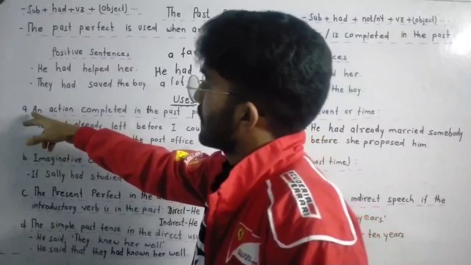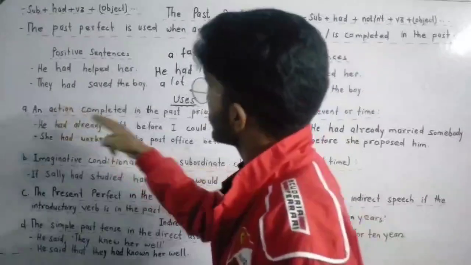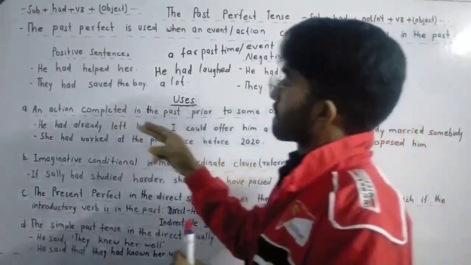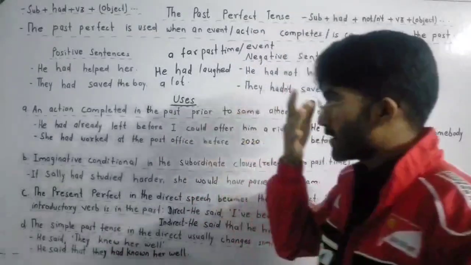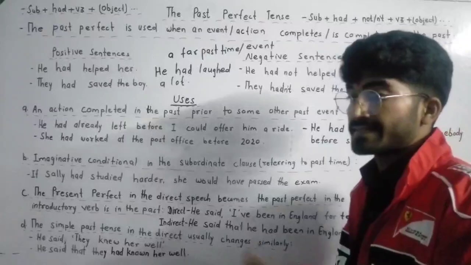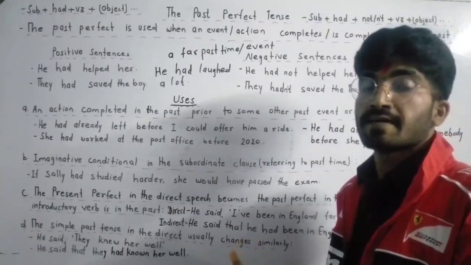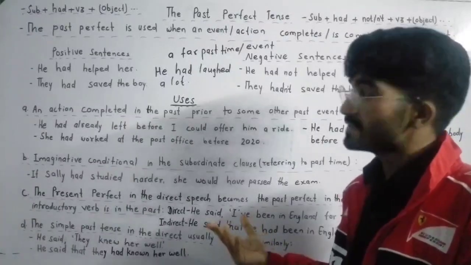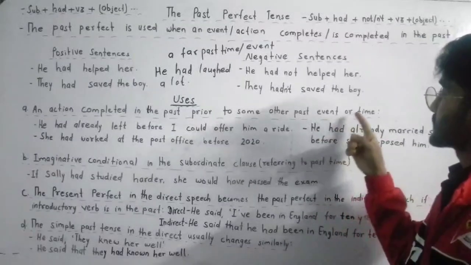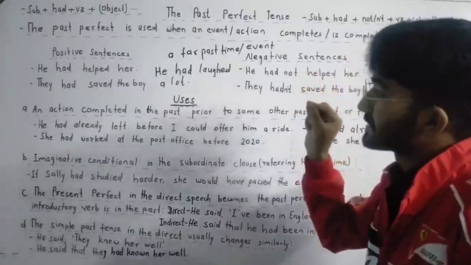See, an action completed or an event completed, something perfect in the past. When? In the past, before this time. This time is the present time, and before this time, obviously in the past, prior to some other past event or time, we can use the past perfect tense.